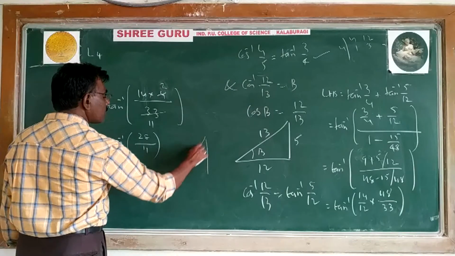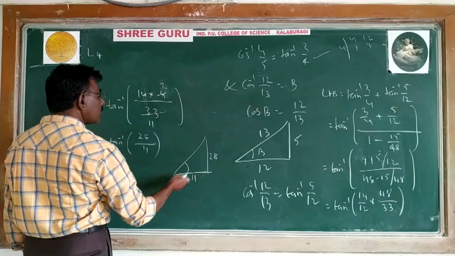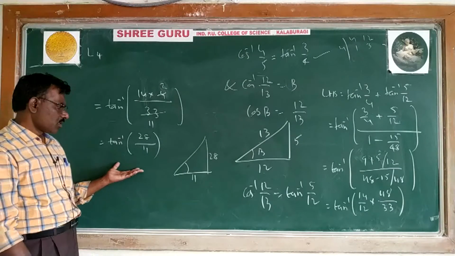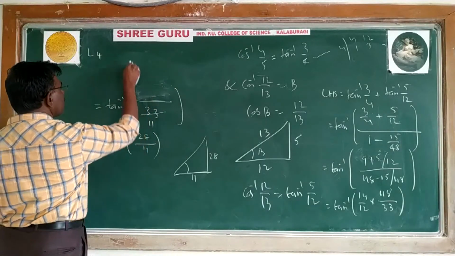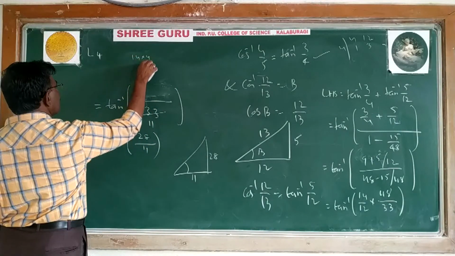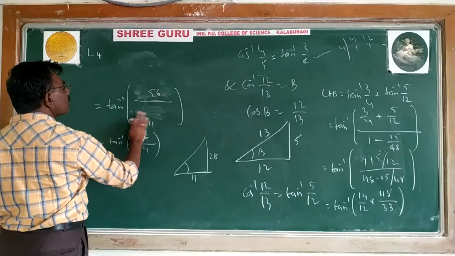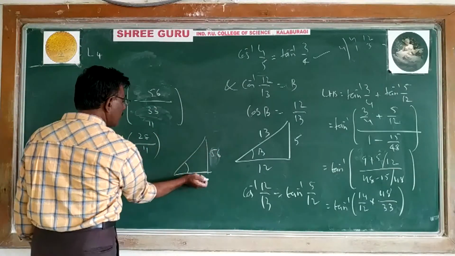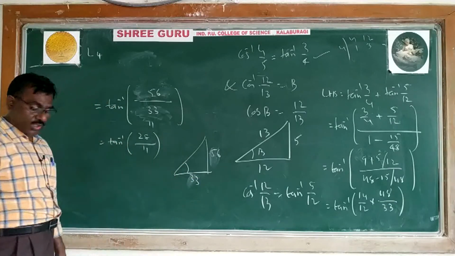So what is here? This is 28, this is 11. What about 28? 28 square means, okay, this is better you keep that 56, what is 14 into 4, 16, 56, you keep 56 by 33, 56 by 33, I think it is, what is the question you are asking?